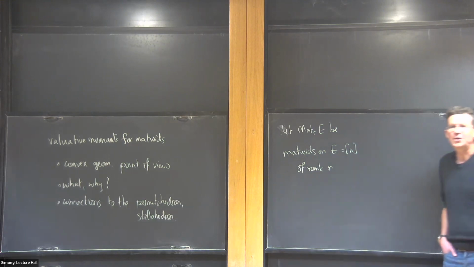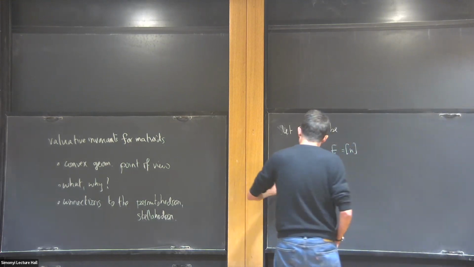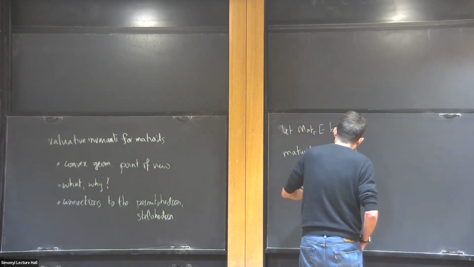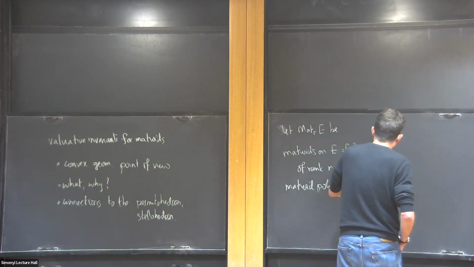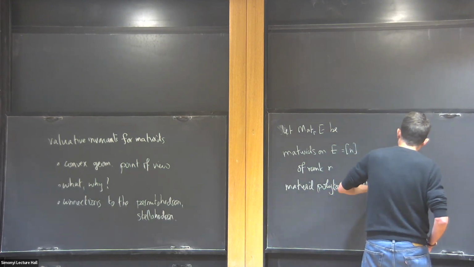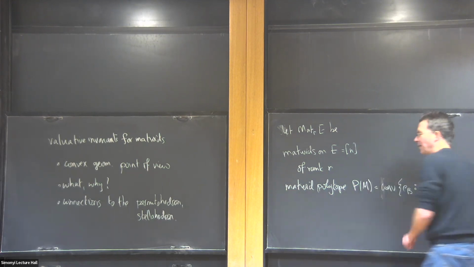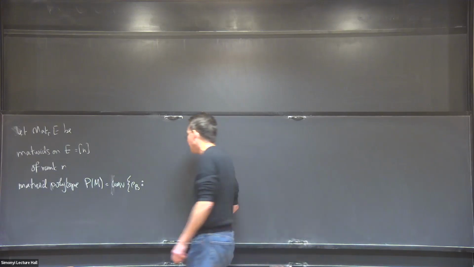So let's take the matroids of rank R particularly and think about the matroid polytope. Now this goes back to the 1970s.